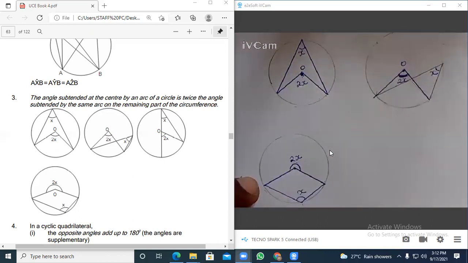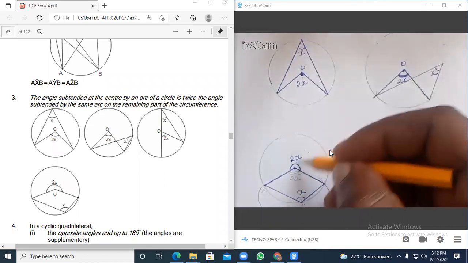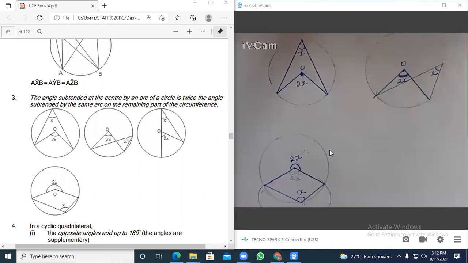The mistake a student can make is to say that this one is 2x. That will be wrong, because 2x cannot be on the same side as this x here. 2x must be on the other side, such that the angle which is half of 2x is on this other side.